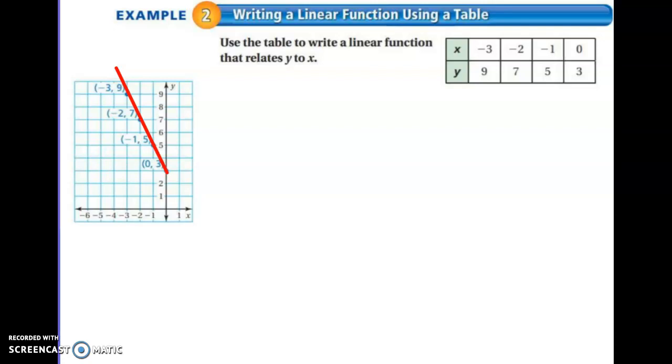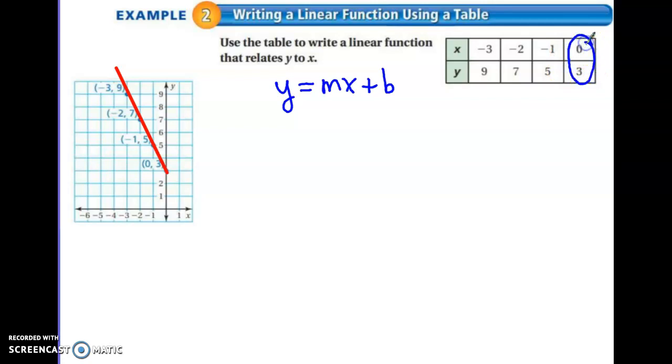Now you can go ahead and use the same process that we did in the last example. If you aren't so fond of graphs, you can still figure out what your equation would be using a different method. So we do start off with y equals mx plus b. And if you recall from a previous lesson, your y-intercept is always going to be the value where x equals 0.